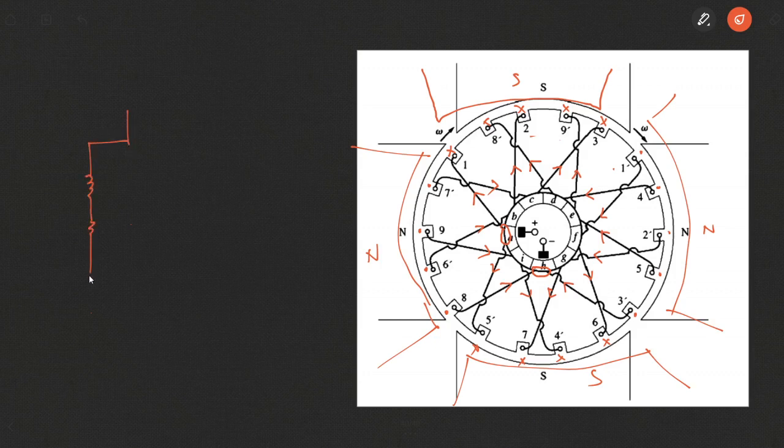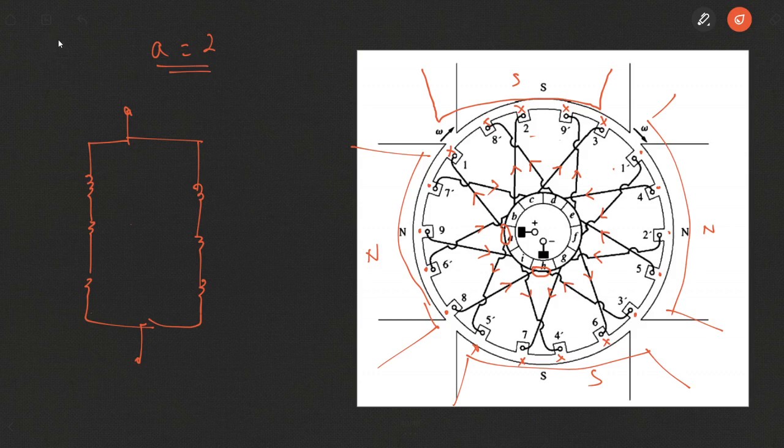So if you have different coils that are attached here, only two parallel paths are produced. That means A is equal to 2 even for a 4-pole machine. Even if you take a 6-pole machine, you will see that A is equal to 2 parallel paths.